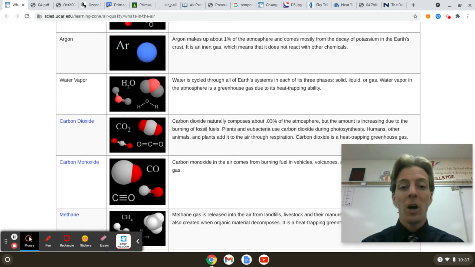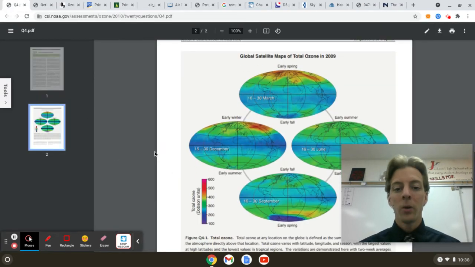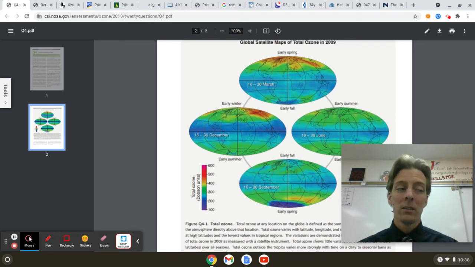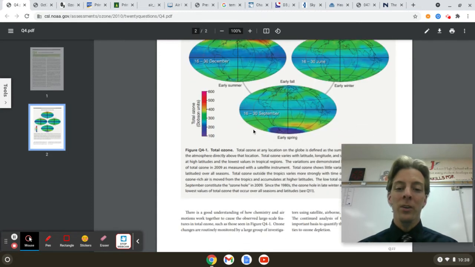Ozone. Ozone is another one that varies a lot by location. That's what this one is. Ozone also varies by season. A lot of ozone at the North Pole, none at the South Pole, none at the South Pole 6 months later, right?